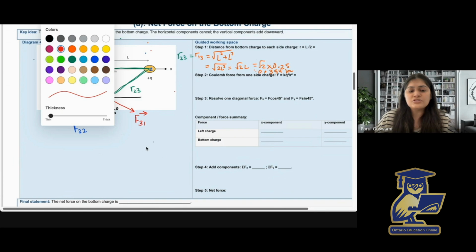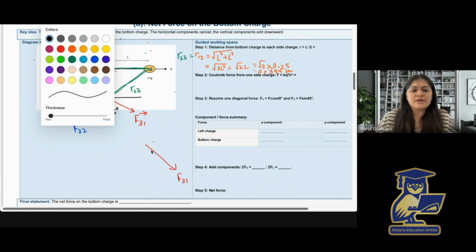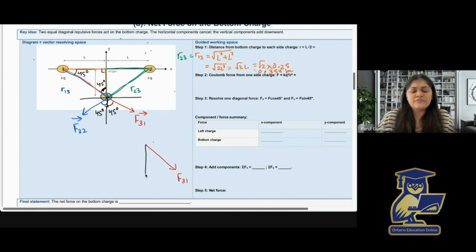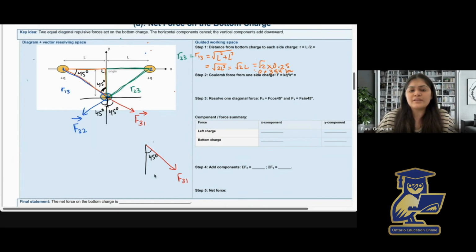So now we can resolve these two forces into their respective components. So this is F31 and I will make a reference vertical line here, and with this vertical it is making 45 degrees. Right. Now we can resolve this force into its horizontal component and the vertical component.